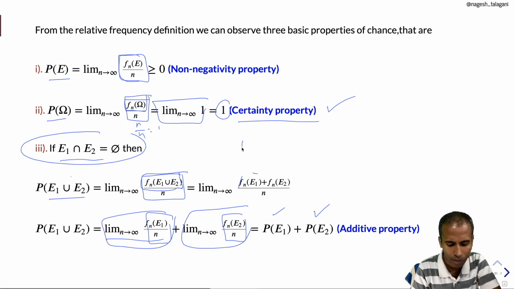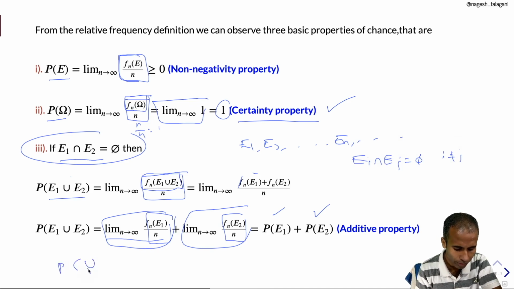Whenever we have E1, E2, and so on, En, a countable collection of events in which no two happen simultaneously, that means Ei intersection Ej is empty for i not equal to j, then the probability of their countable union should be the sum of their probabilities.